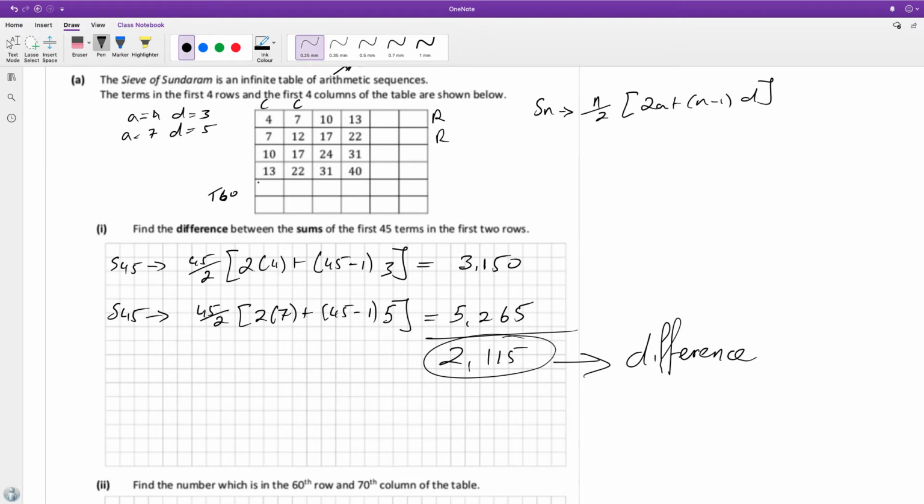So you're going to get the term here for term 60, and you're going to get T60 in here, right? How is that going to help me? So we're going to get a 60th term here. We're going to get a 60th term in here.